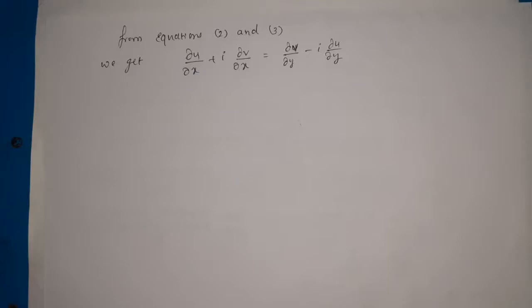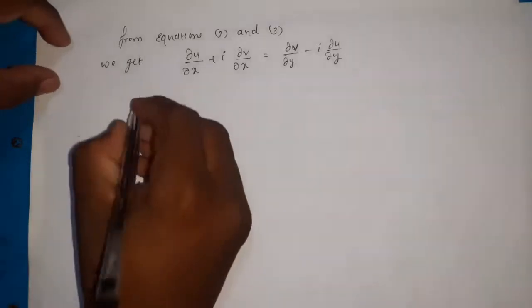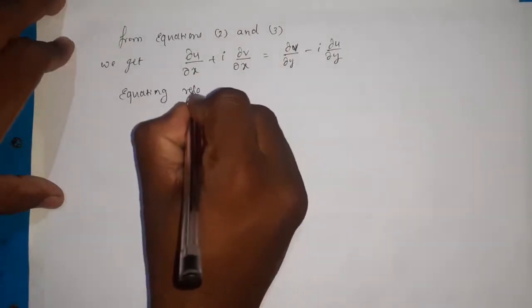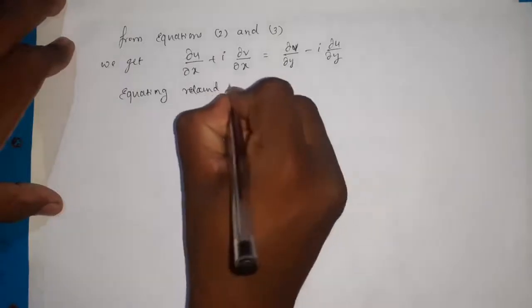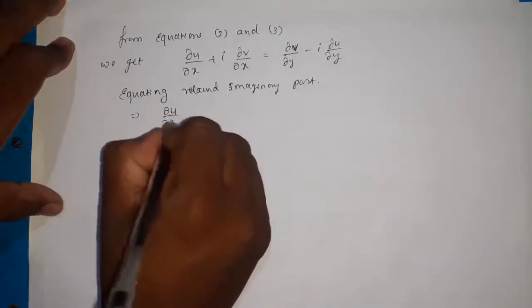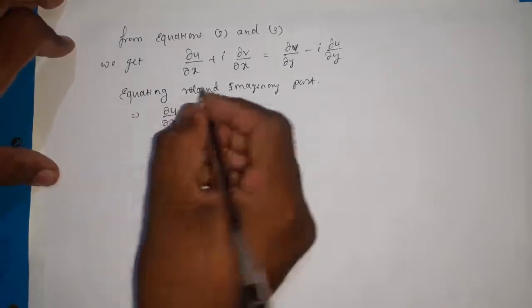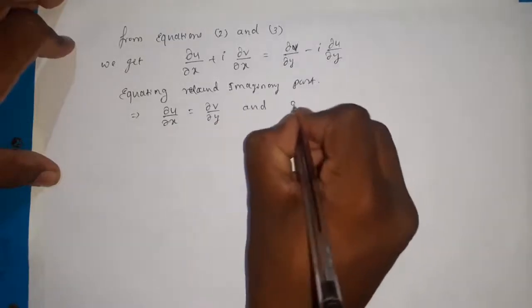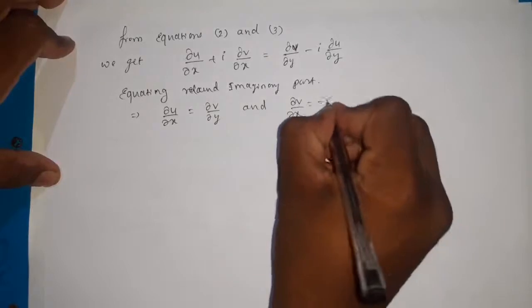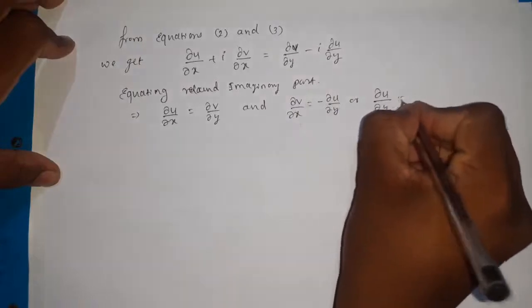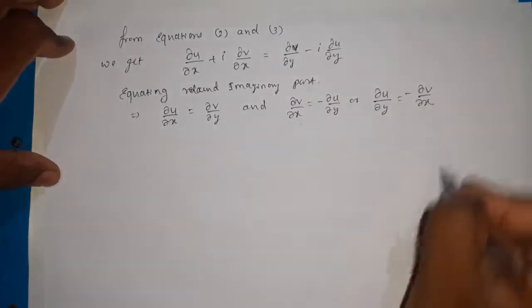So now equating the real and imaginary parts, it implies dou u by dou x, the real part in the first expression, is equal to dou v by dou y, and dou v by dou x is equal to minus dou u by dou y, or this can be written as dou u by dou y equal to minus dou v by dou x.